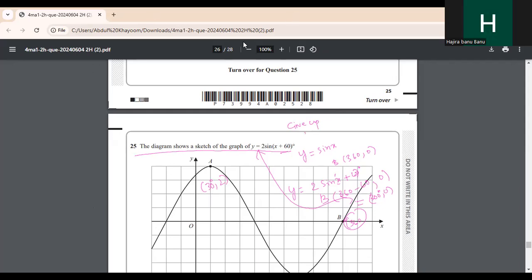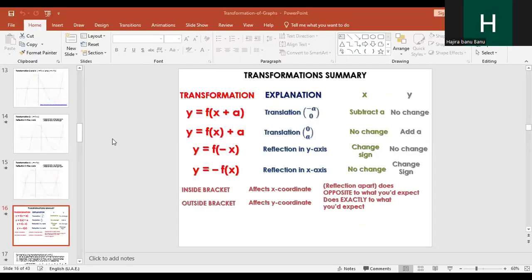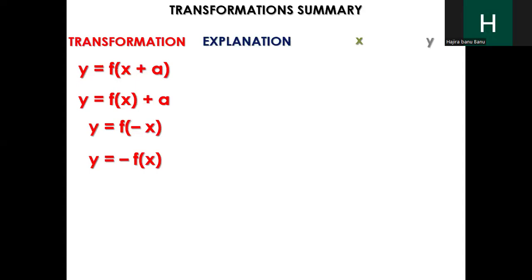So for your understanding, let me again repeat these transformations.